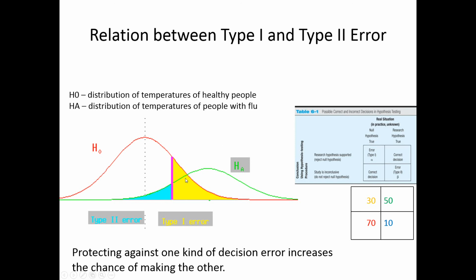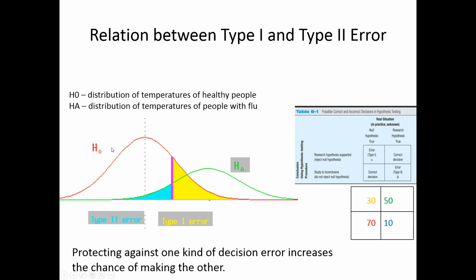Sometimes it can be useful to increase one error type at the expense of the other. Let's say that this flu is really very dangerous, a very deadly flu, and we really want to make sure that all people with flu are distinguished from healthy people.